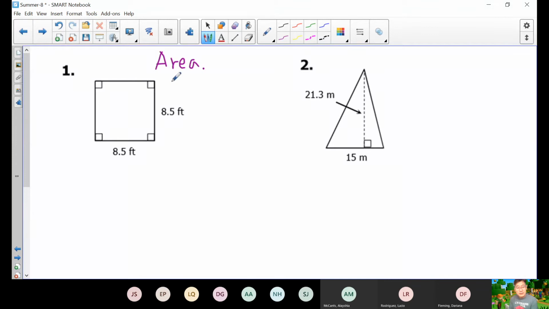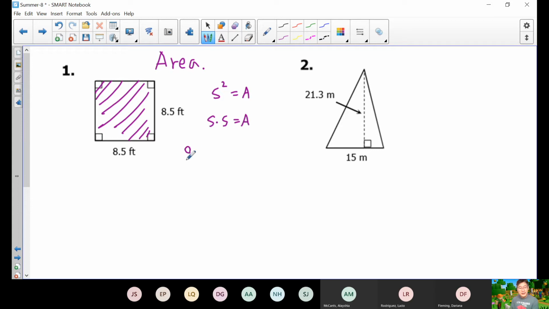Now this is a square, right? How to find square area? Base times height, right? So simply like a formula, they put s square, right? Side times side, because base and height are the same. So that's area, right?